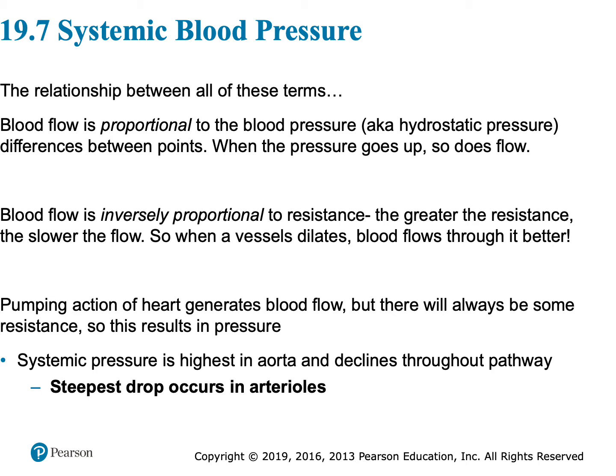Blood flow is inversely proportional to resistance. There's that word again. So when resistance goes down, flow goes up. When resistance goes up, flow goes down. So what does that mean? When a vessel dilates, blood is going to flow through it better. It's going to help that blood go at a nice, smooth rate.